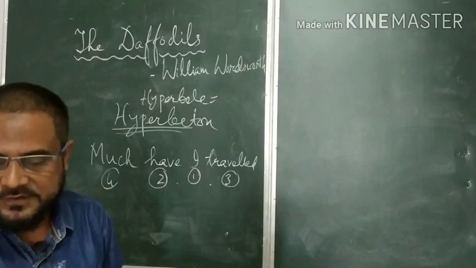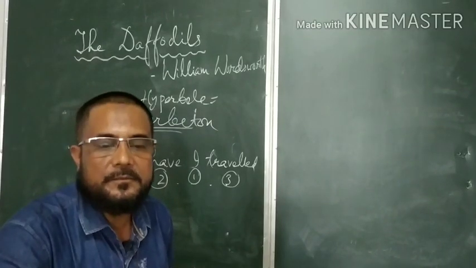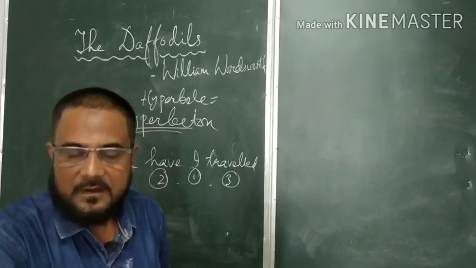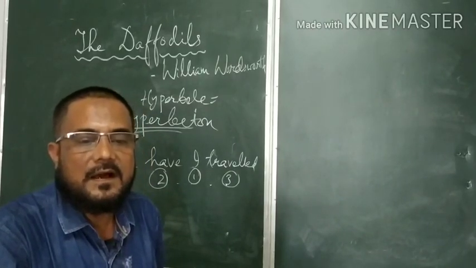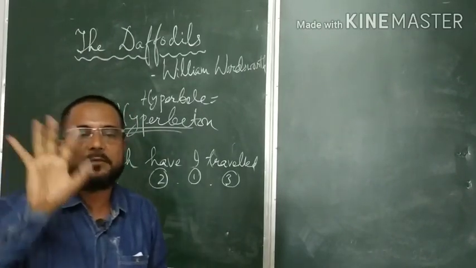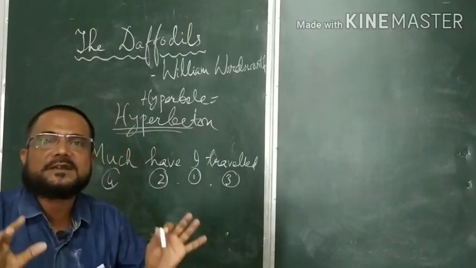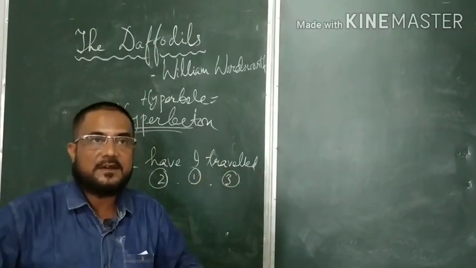Another use of hyperbaton you see is towards the end of the poem. That is, "I gazed and gazed, but little thought what wealth the show to me had brought." Wordsworth looked at the daffodils. He gazed. Gazing means to look very intently, to look thoughtfully.